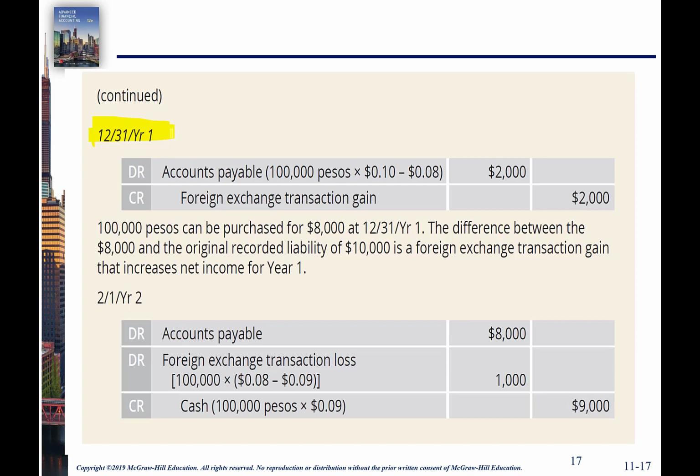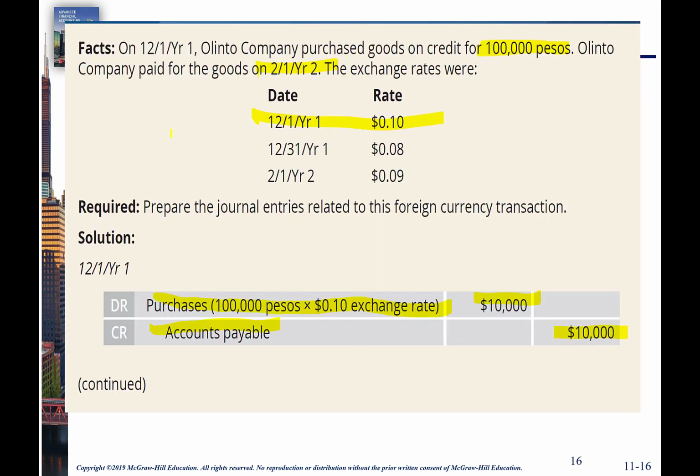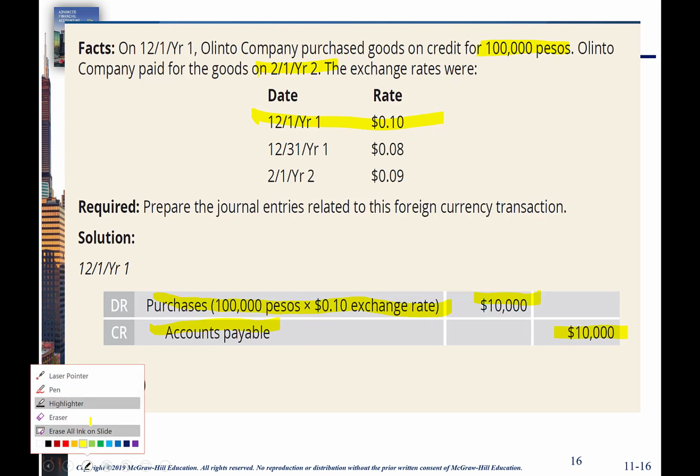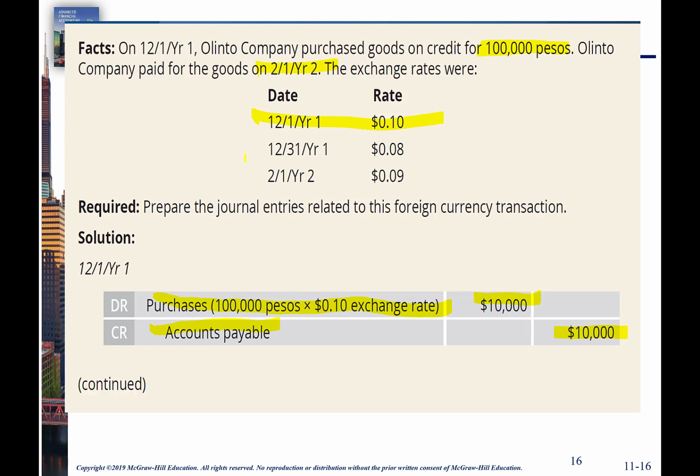Now, the exchange rate was 0.1 dollar per peso at the date of the transaction. Now we look, and at 12/31, hey, exchange rates have moved in our favor.